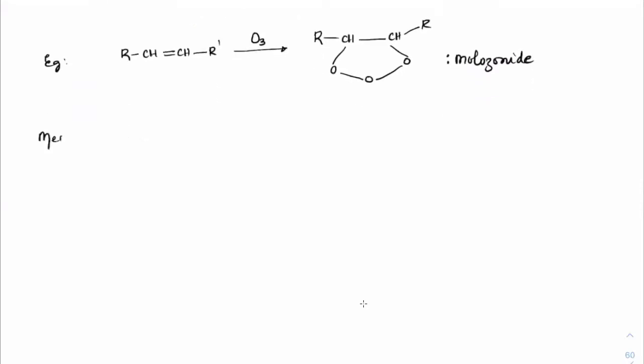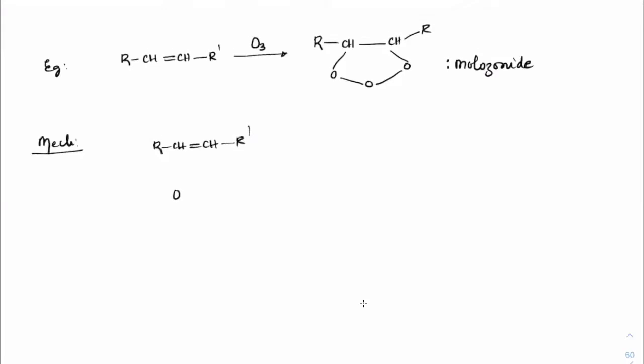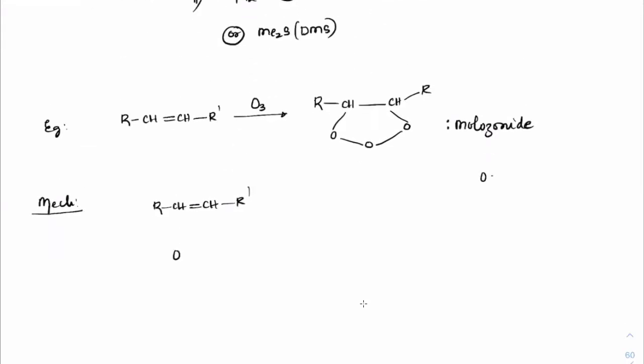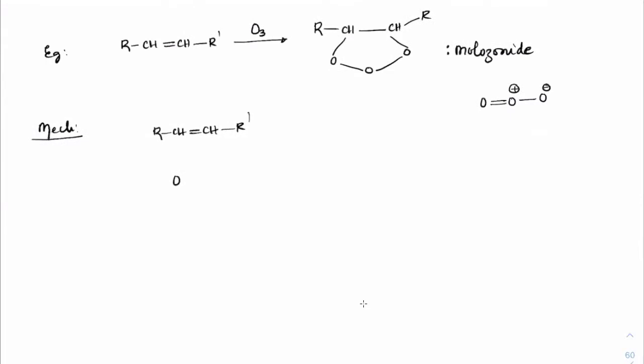So let's check the mechanism from here, RCH double bond CH R dash. How is this molozonide forming? See, if you recall the ozone structure, it is O double bond O, O minus and plus. So this is the typical Lewis structure of O3. Let me take that same Lewis structure here, O minus with O double bond O plus.